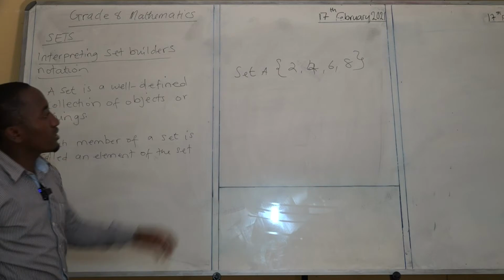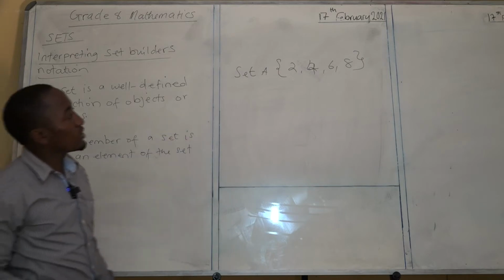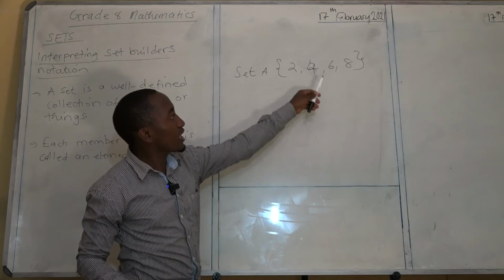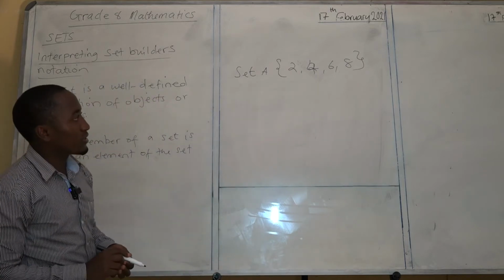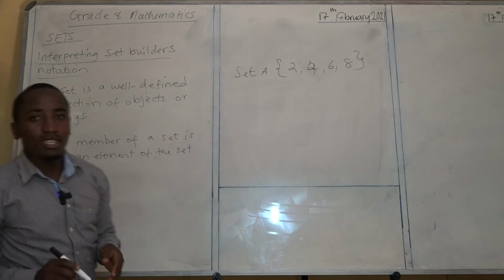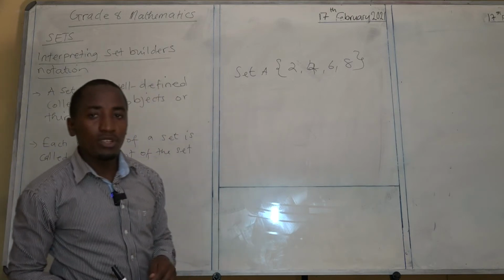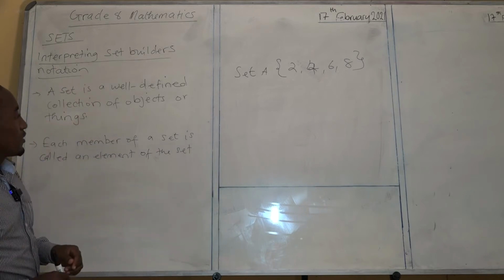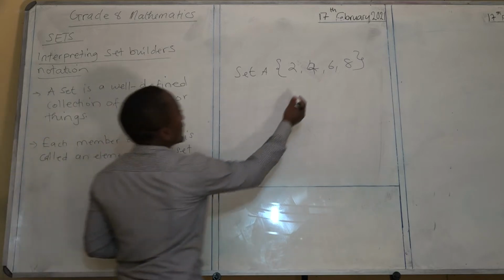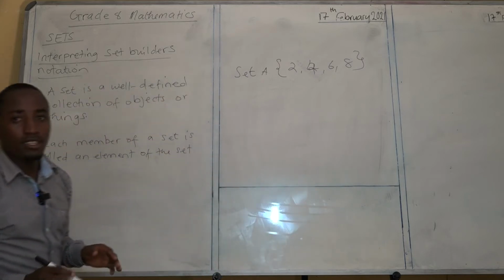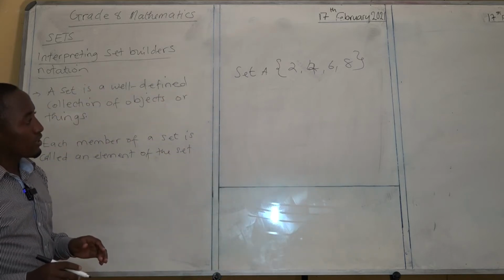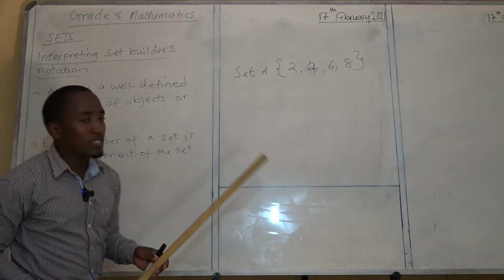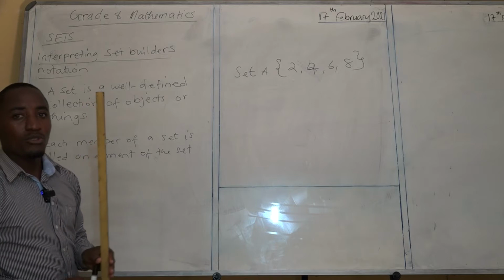This set is well defined because you can see that the numbers inside are even numbers. So we can say that set A is a set of even numbers from 2 to 8. This is a well-defined set. Each member of a set is called an element of that set.